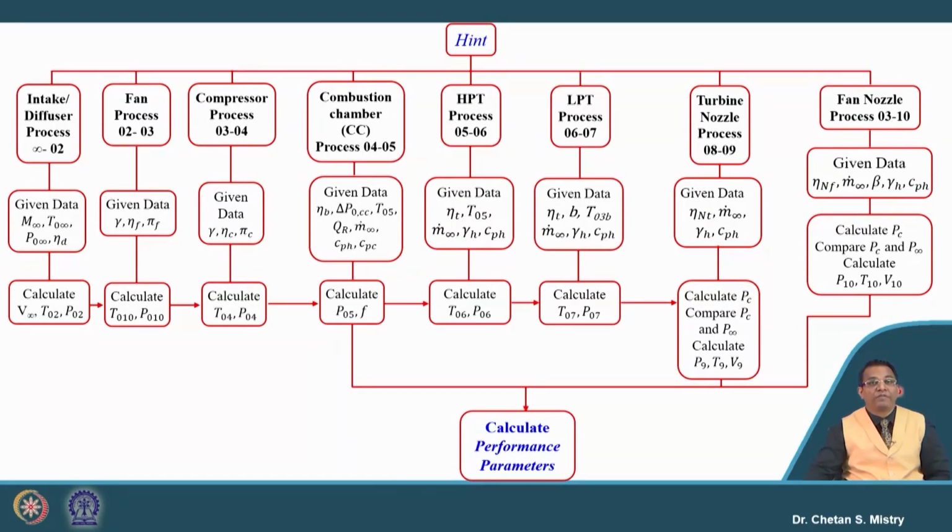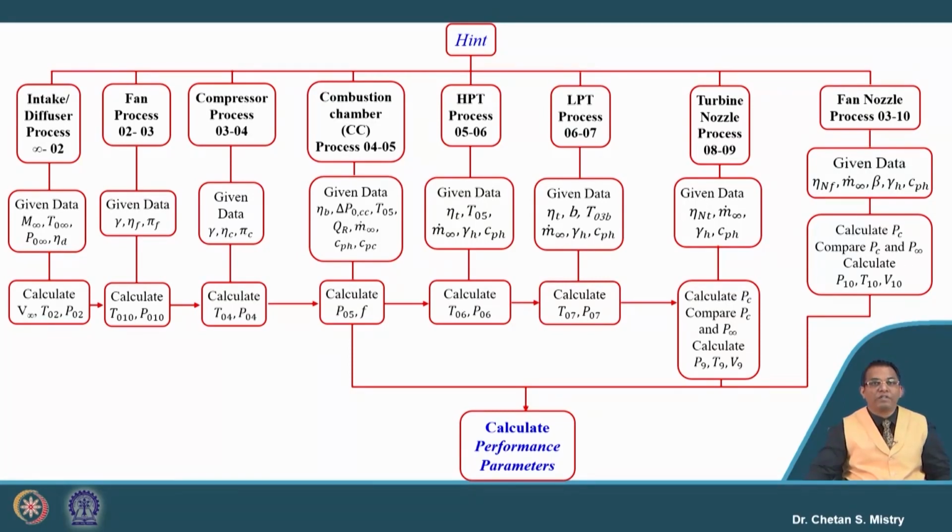Once the exit velocity is known, we can calculate the thrust, the thrust specific fuel consumption, and the thermal efficiency, propulsive efficiency and overall efficiency, and that is how we will solve this numerical.